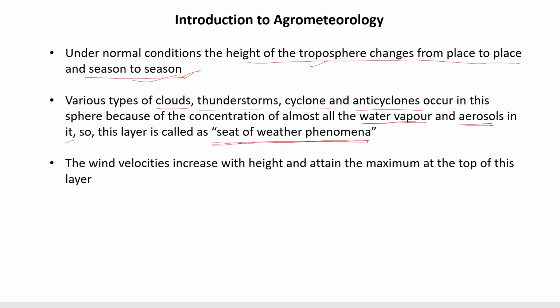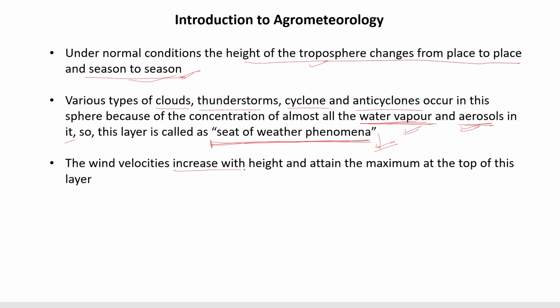Again, there can be a question: in which layer of the atmosphere does the seat of weather phenomena lie? It occurs in the troposphere, because of the major concentration of water vapor and aerosols in this layer.